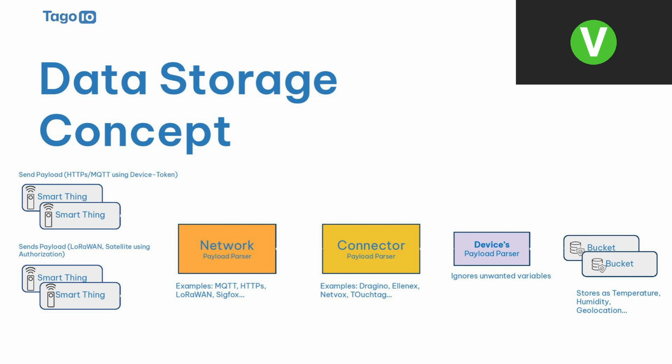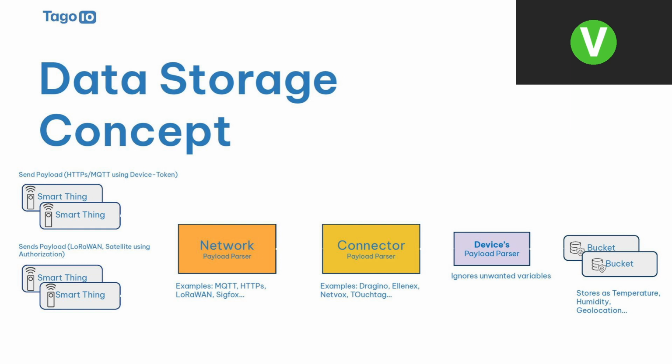So first thing we have here are smart things, which is our devices on the field, which are connected to a network server, and that is MQTT, HTTPS, LoRaWAN, Sigfox in this case. But this is any protocol or network server that your device is connected to.